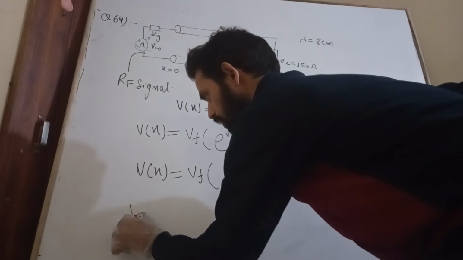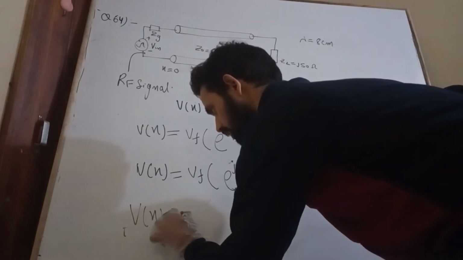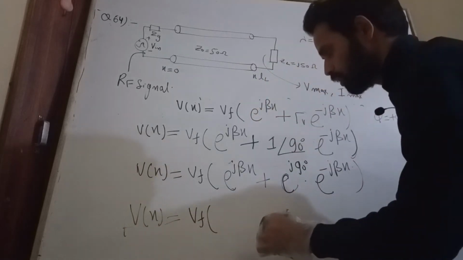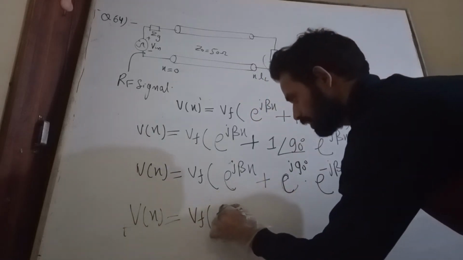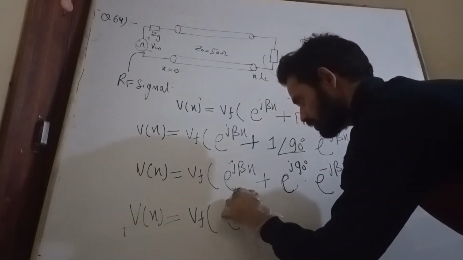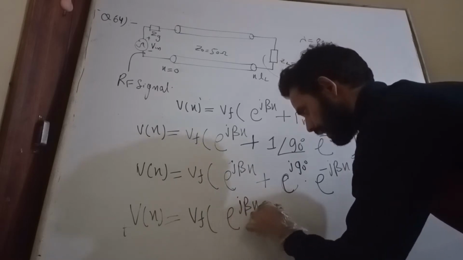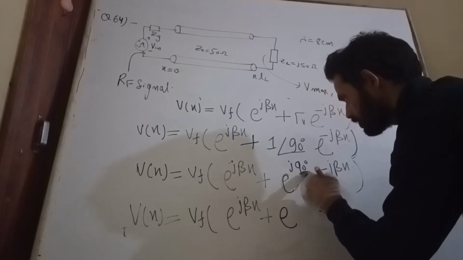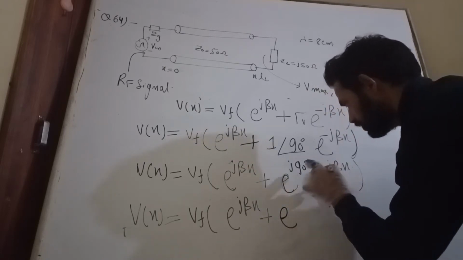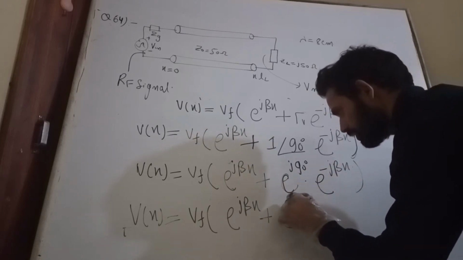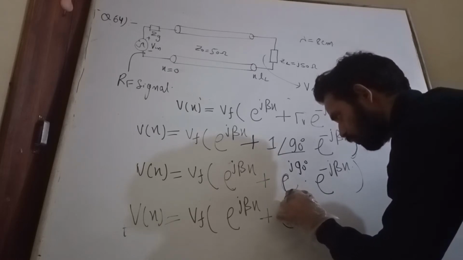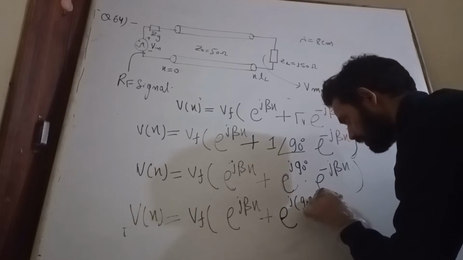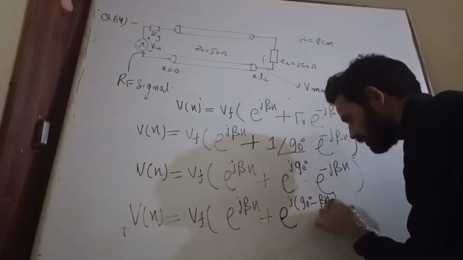Now V of x is equal to Vf e to the power j beta x plus e to the power j beta, take j common, so j into 90 degree minus beta x.